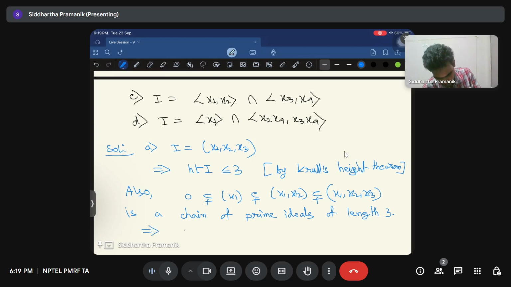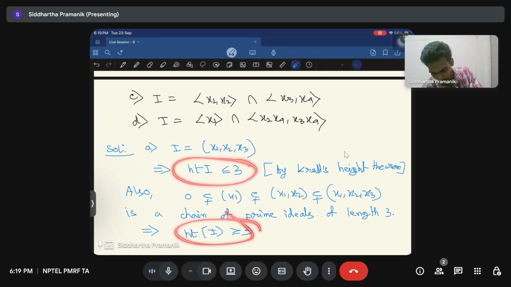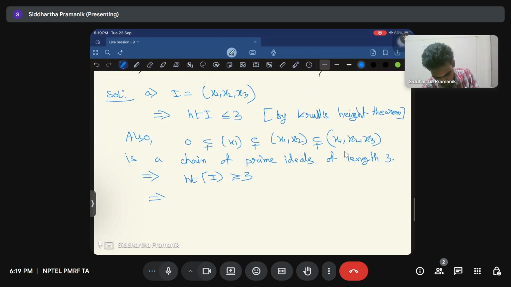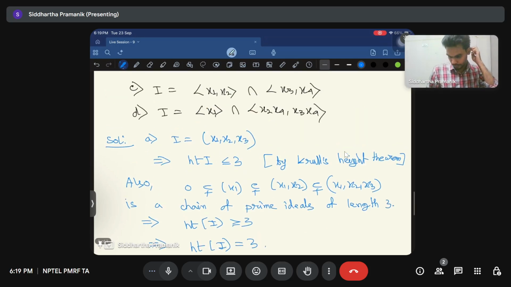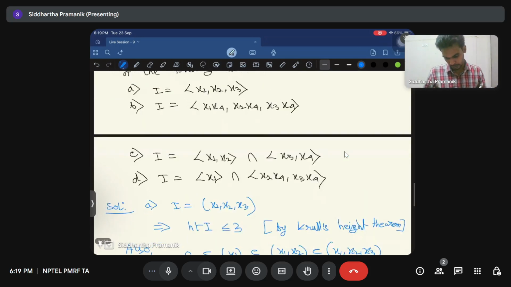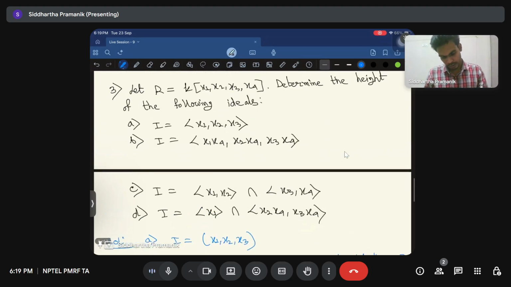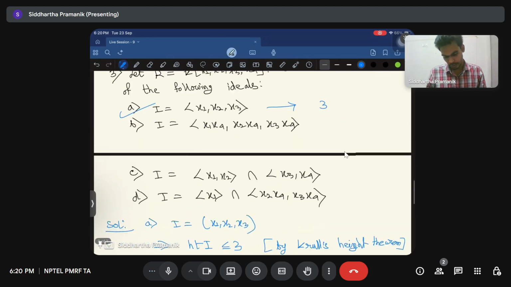So this will imply height of I has to be at least 3. But from this one and this one, we can conclude that height of I is 4. Sorry, height of I is exactly equals to 3. So this gives the first one. Now let's do the second one.